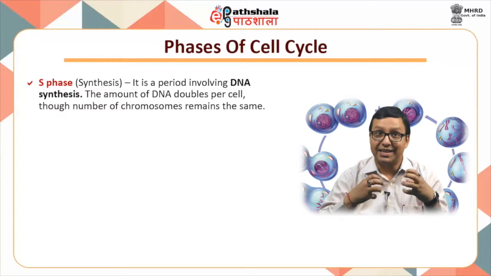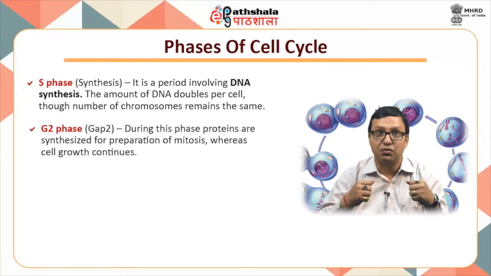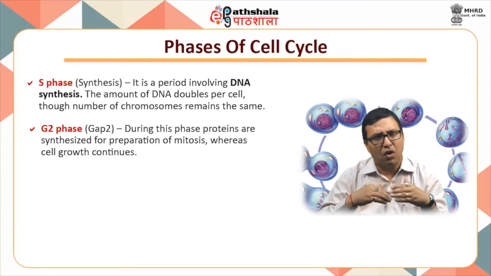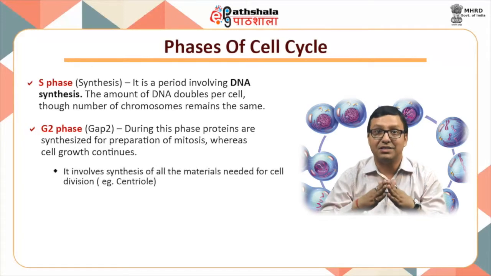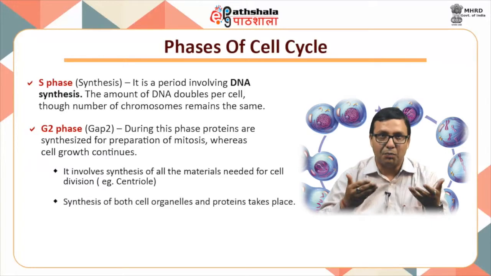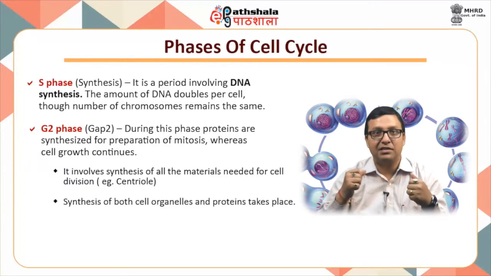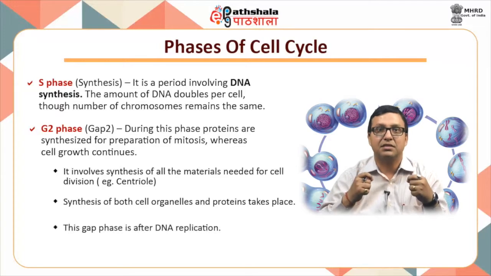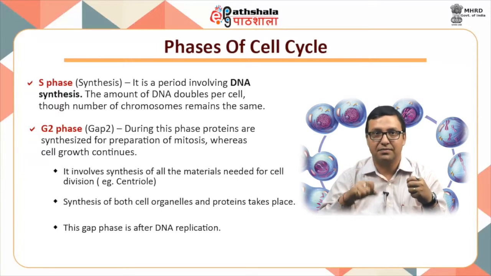Now, the cell enters another gap phase, that is G2, in which the cell does all the preparation needed for cell division. For example, centrioles are made, and proteins and cell organelles are synthesized. This phase is immediately after the DNA replication phase.